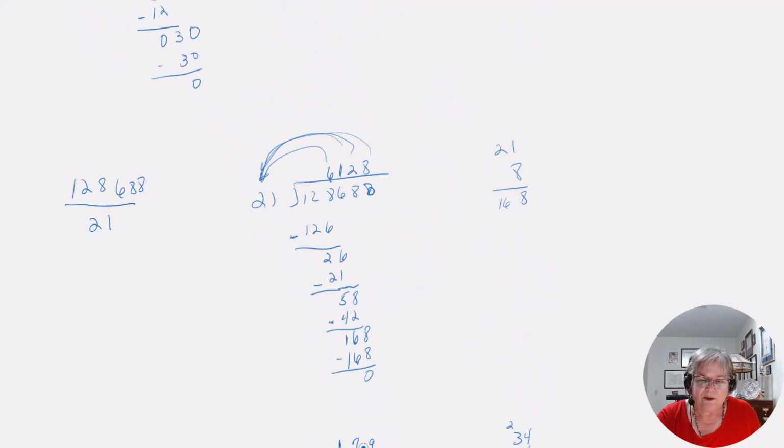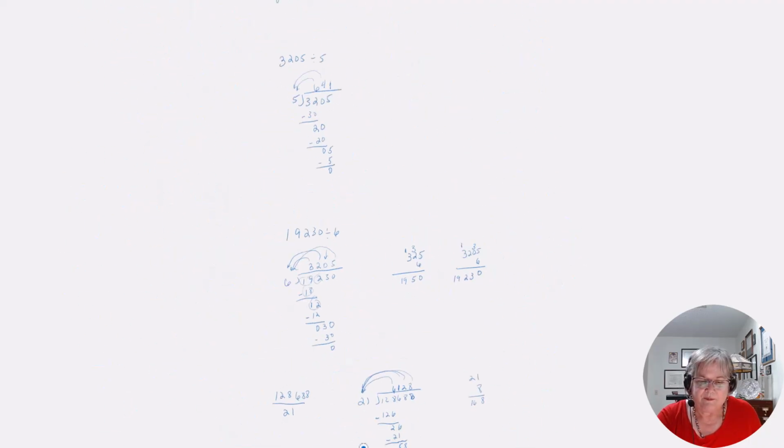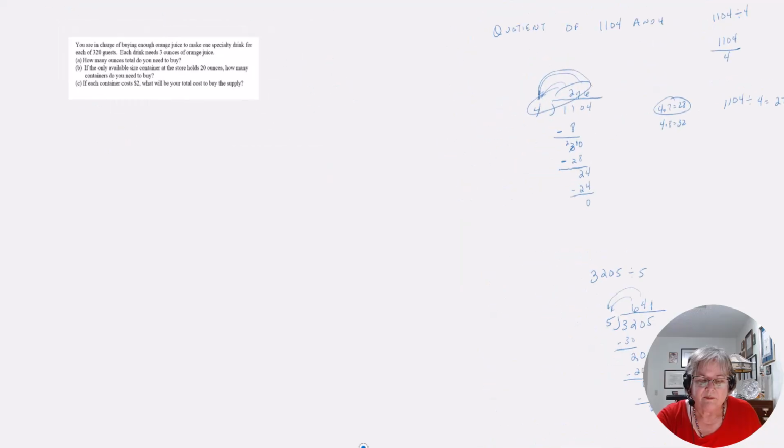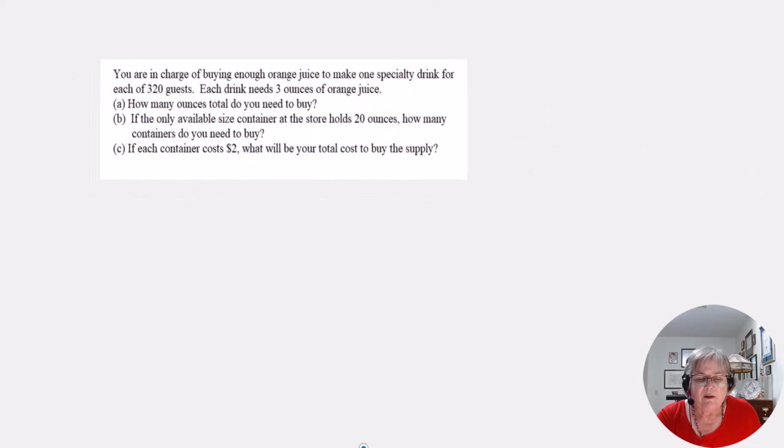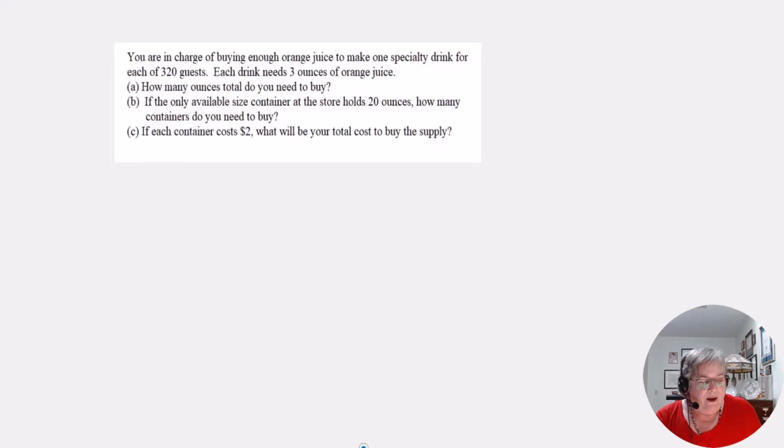All right, now let's do one more story problem. Okay, and it says you are in charge of buying enough orange juice to make one specialty drink for each of 320 guests. Each drink needs 3 ounces of orange juice. How many ounces total do you need to buy?